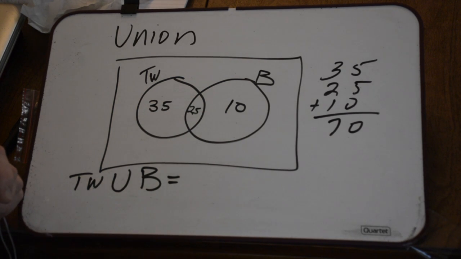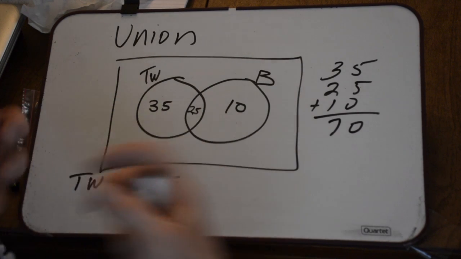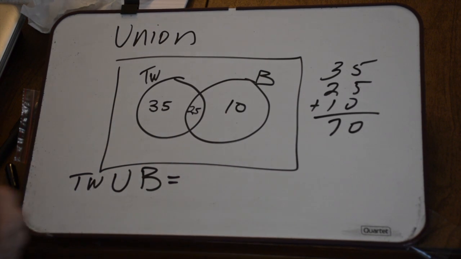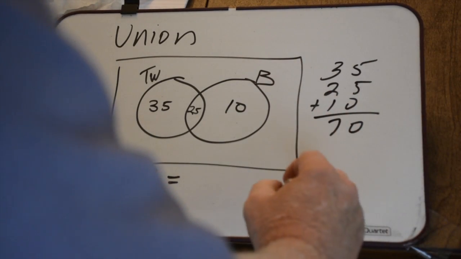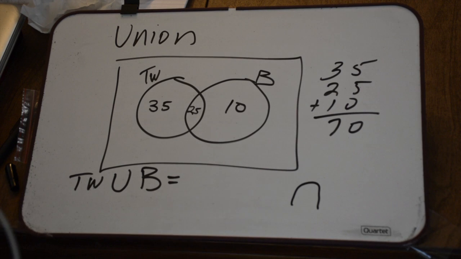Union is written with a big U, indicating that it's the joining of the 2 sets and the members of it. Okay, we'll do some applications with that later on, but the indication is the U as opposed to the intersection, which we use the upside down U.